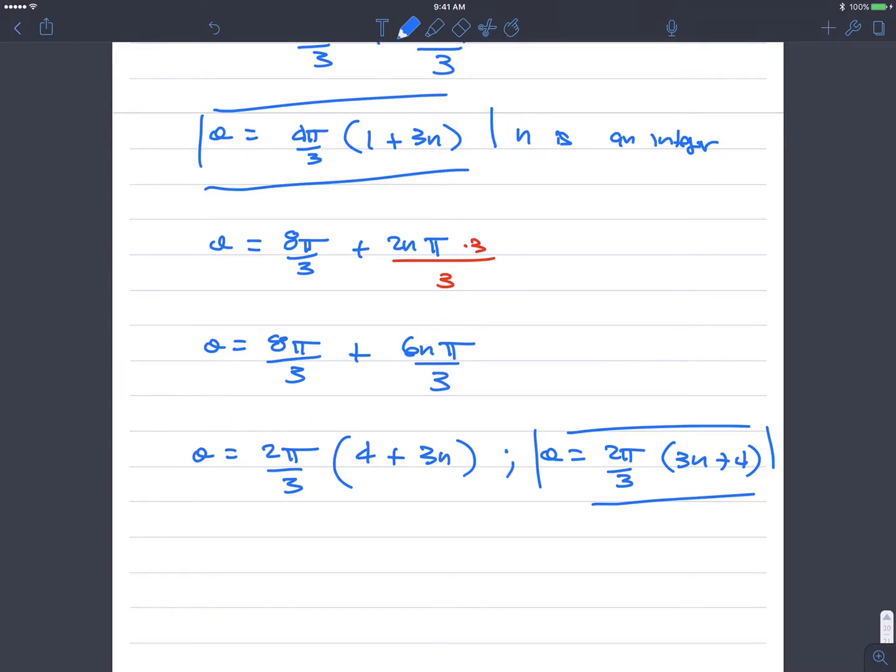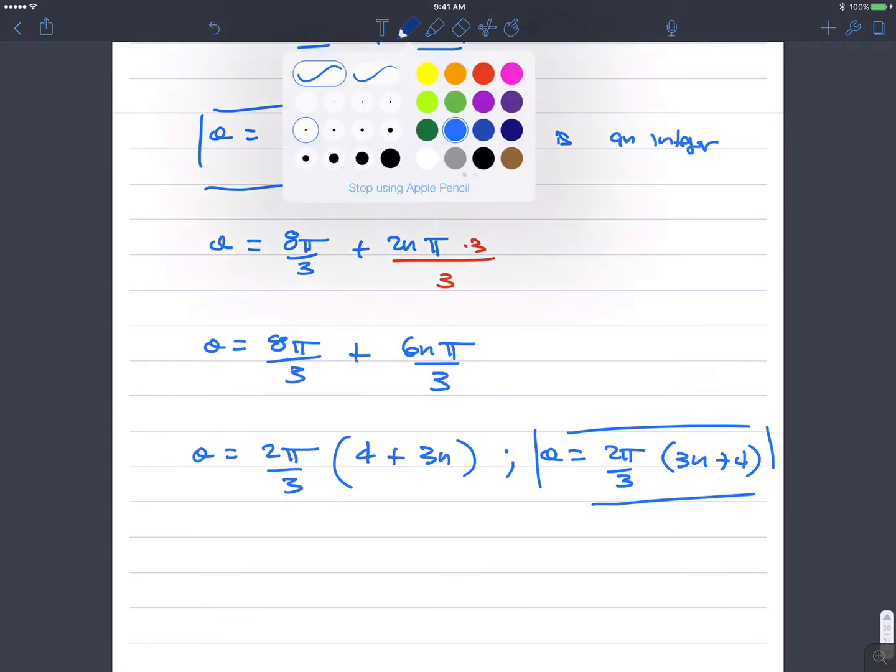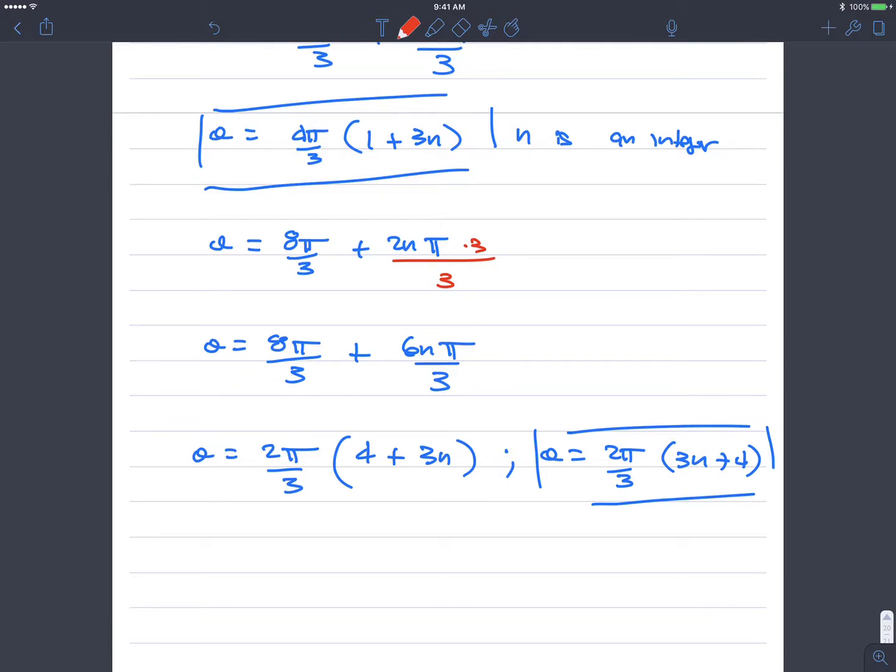So let's work with this and try to generate these solutions. Do you guys want to look at the solutions here, or do you want to move on? Do you want to look at these particular solutions? Could you generate this on your own, you think, or not? What would you consider here? n is 0, is that right? What's theta if n is 0? Is that 4 pi over 3?